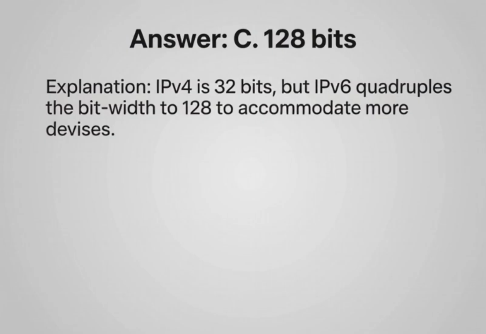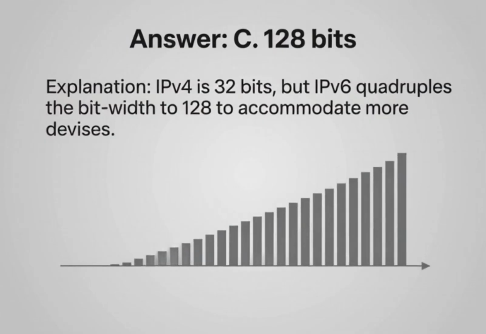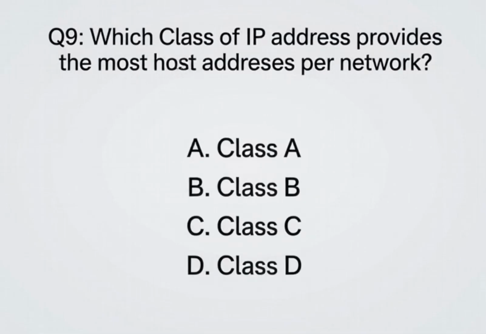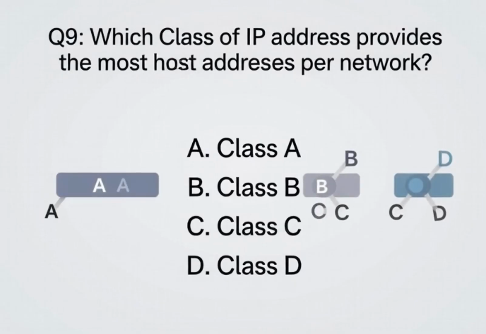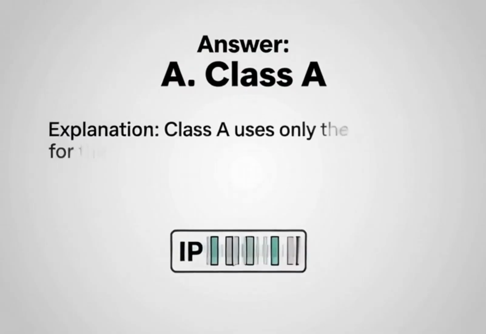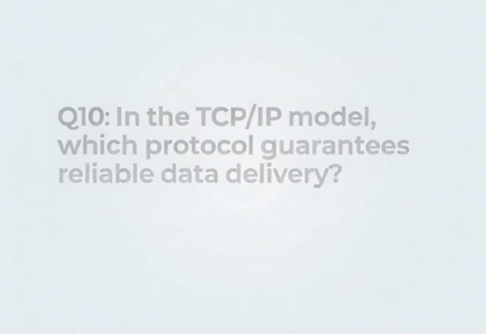Answer: C, 128 bits. Answer: A, Class A. Class A uses only the first octet for the network, leaving 24 bits for hosts.